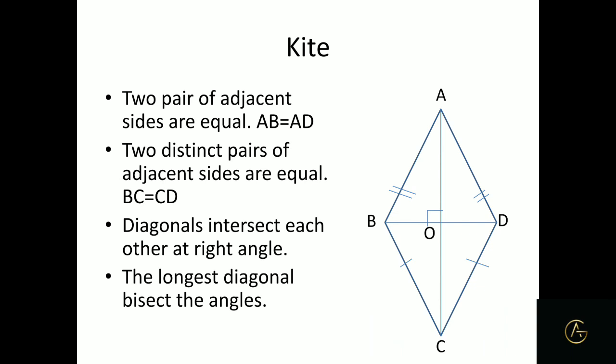Next comes the kite. In a kite, two pairs of adjacent sides are equal. AB is equal to AD, and BC and DC are equal. AB is not equal to BC and AD is not equal to DC. We can't say it; it can be, but if it is, it will become a rhombus.